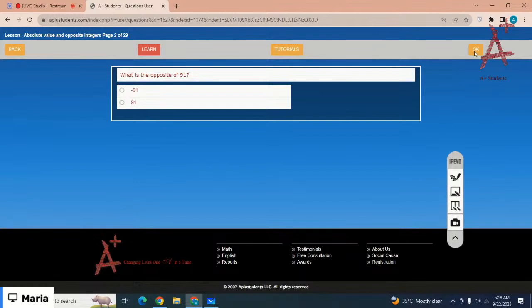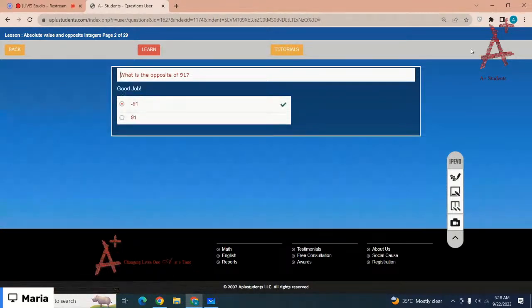Okay, what is the opposite of 91? Which is the correct option? The correct option is negative 91, right? The opposite of a positive number is always a negative number, right?